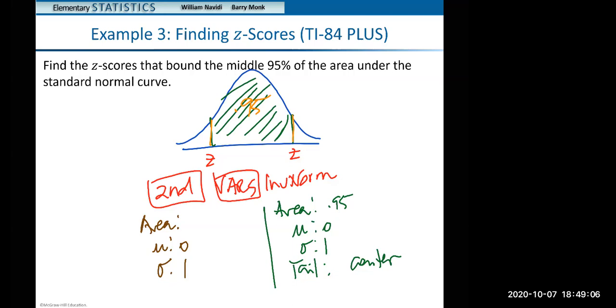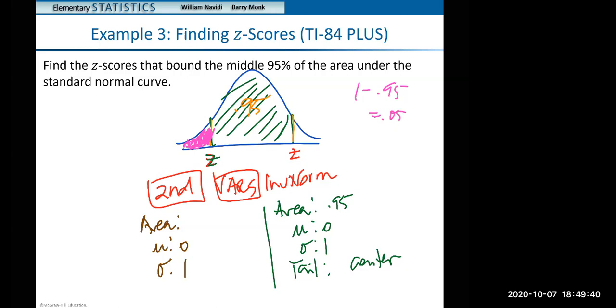Without a tail, remember, you have to think the area to its left. So if you're talking about this z here, what is this area here? What is this shaded part here? It should be 2.5%. Yes. Since you know that this is 95%, 1 minus 0.95 is equal to 5% or 0.05.